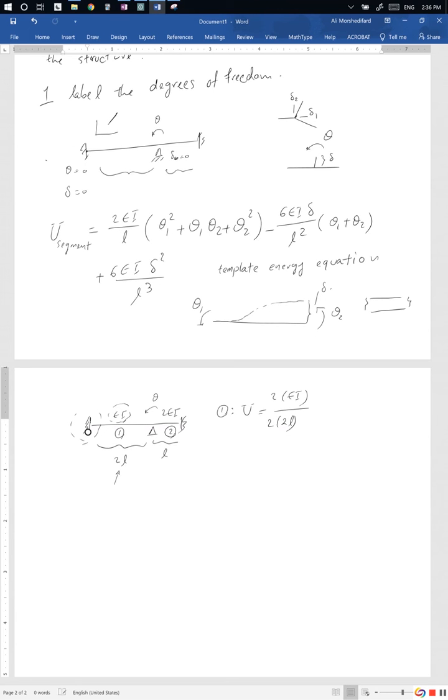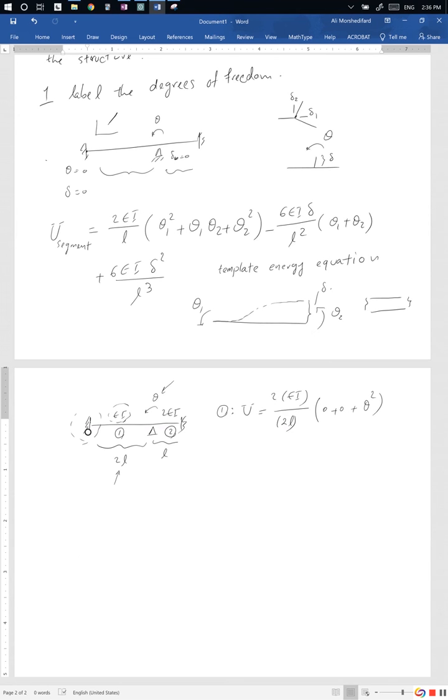So 2 times 2EI over 2L, times: theta 1 in the template is the rotation of the left of the segment, which is 0. So we have 0 plus 0 plus, now theta 2 is just this theta here, so theta squared.